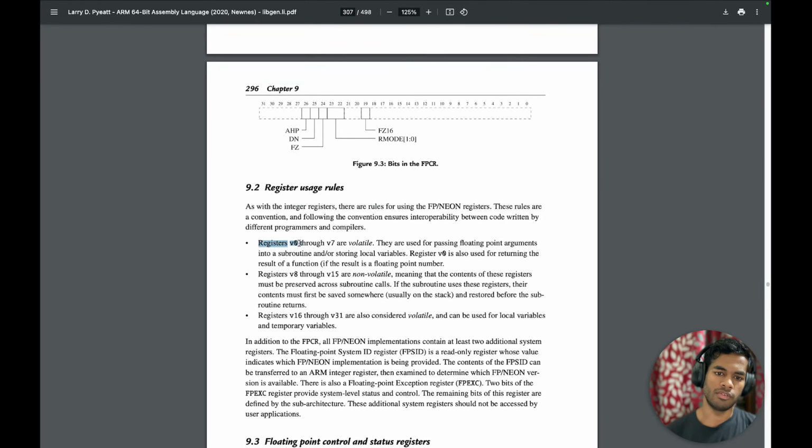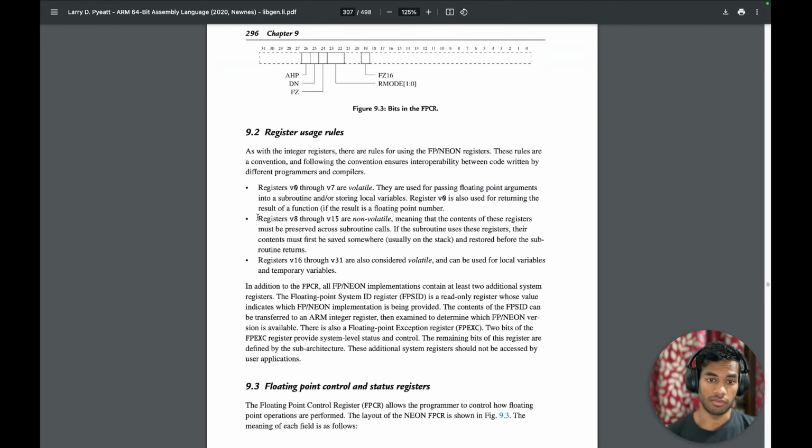Registers V0 through V7 are volatile, as in general purpose registers. They are used for passing floating point arguments into a subroutine or storing local variables. Register V0 is also used for returning the result of a function if the result is a floating point number.